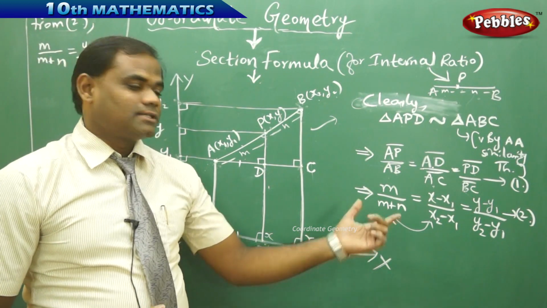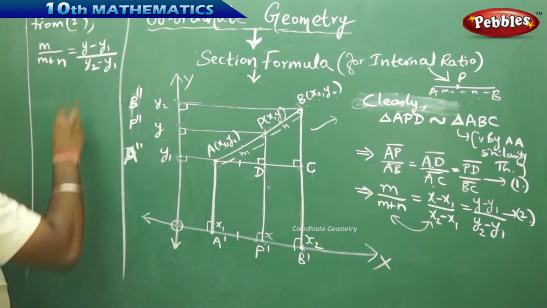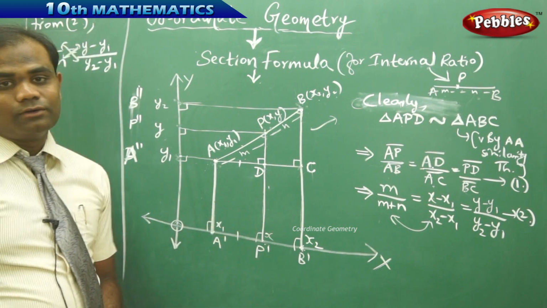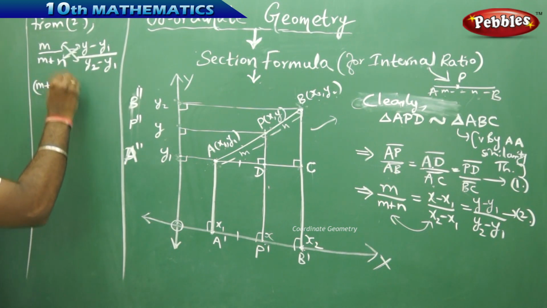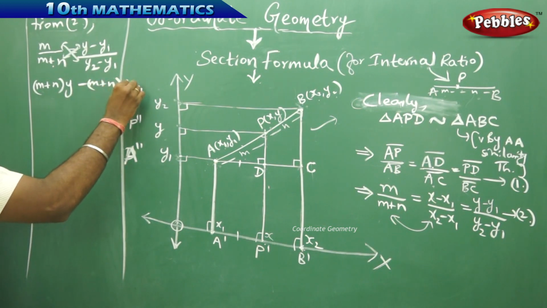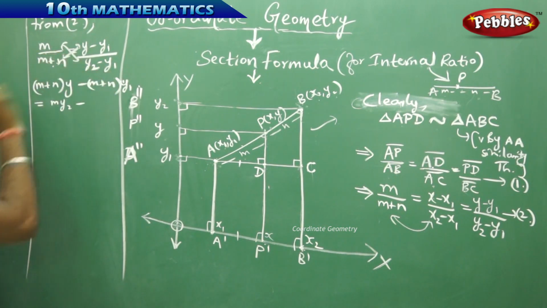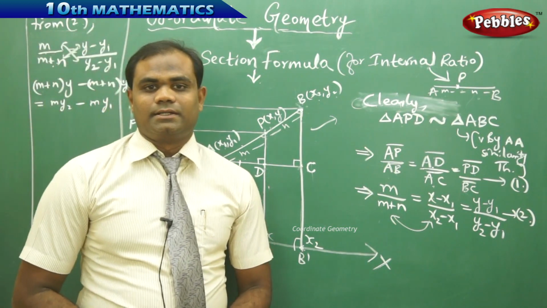Then I cross multiply to get the value of y on similar grounds as that done for x. On cross multiplication, this gives me m plus n times y minus m plus n times y1, which is equal to m times y2 minus m times y1.